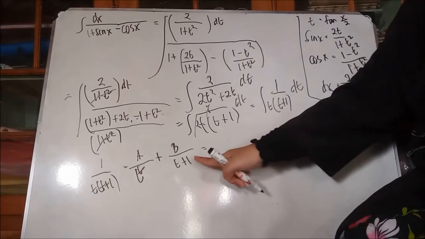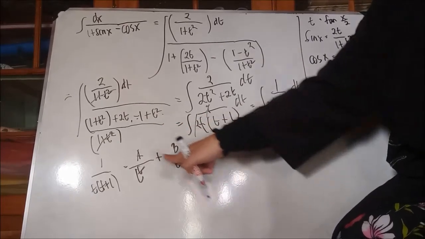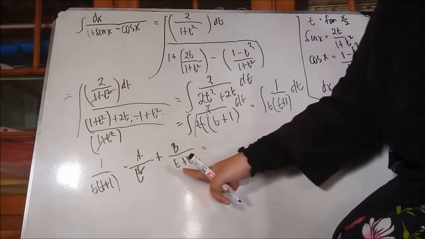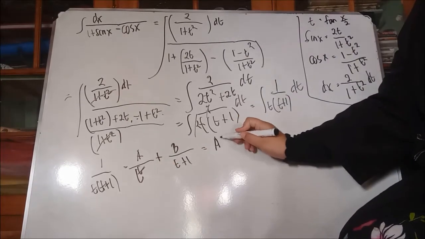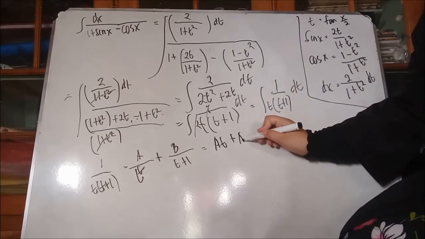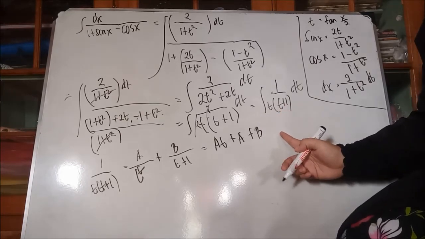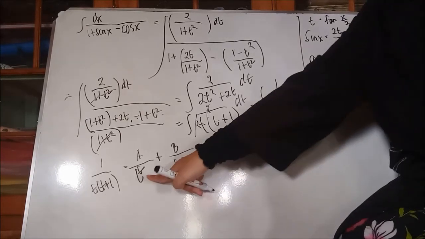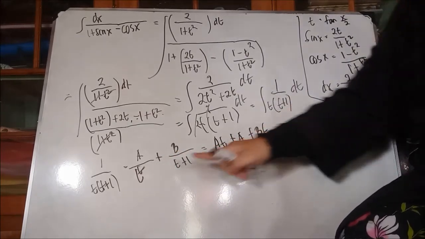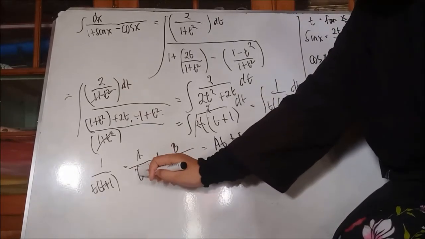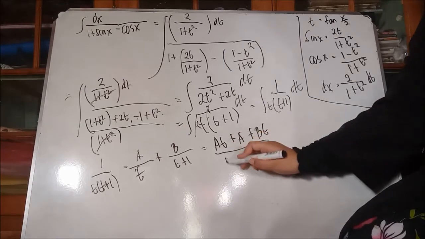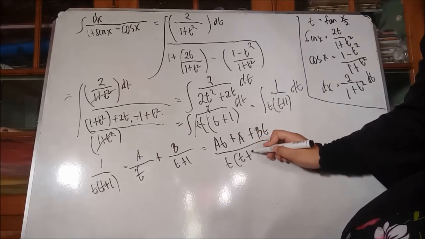So it means that we multiply a with t plus 1, so we have at plus a, and then we have bt over t plus 1.